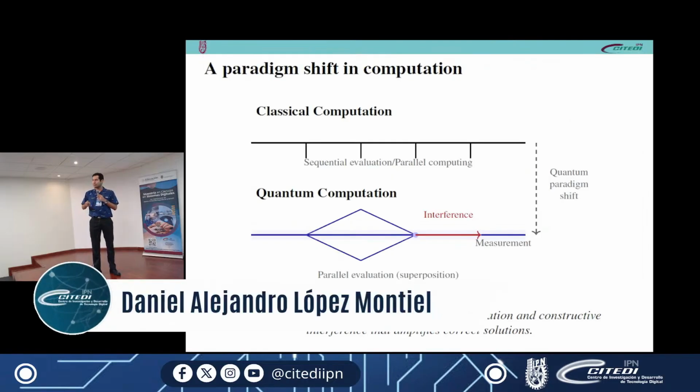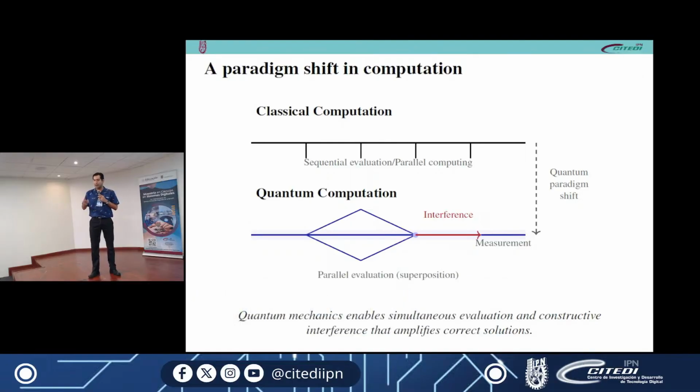As we've established during this presentation, we have quantum computing, right? So we can leverage these quantum computing characteristics, such as parallel evaluation through superposition, as well as interference that allow us to amplify states.